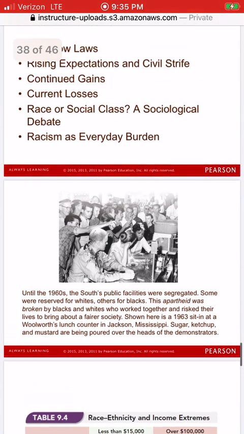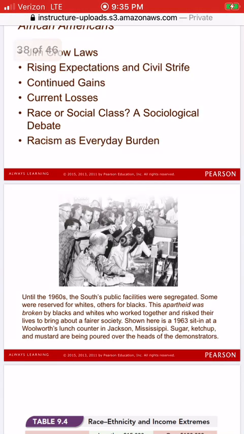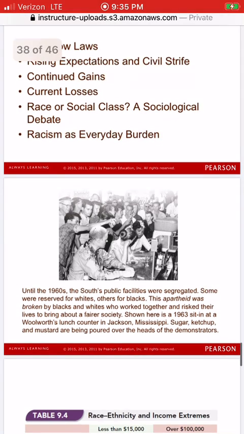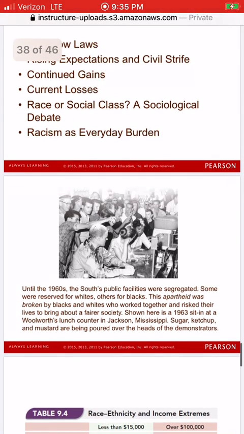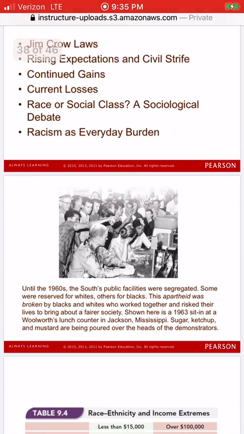And again, you probably have talked about the Jim Crow laws, and a lot of the stuff there. That image right there is one which occurred down in Jackson, Mississippi, where the heads of these individuals had mustard and ketchup and condiments and drinks poured on top of them.